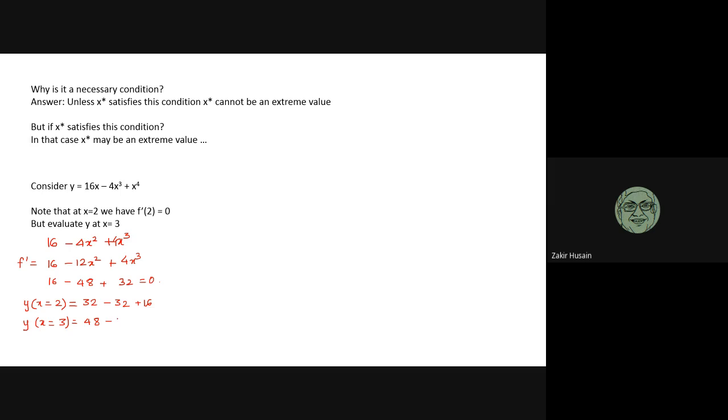This is 27 and 4, 108, and this will be 3, 9, 27. $81. 21.